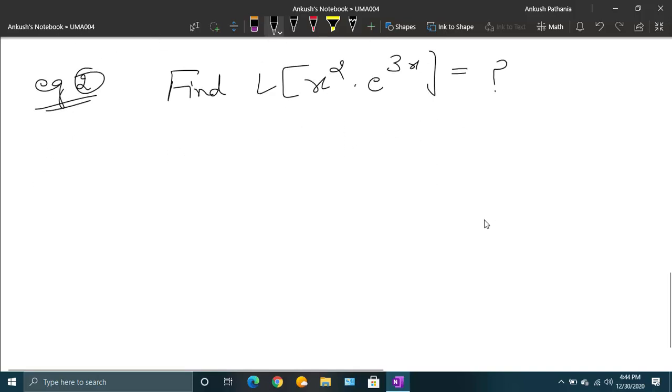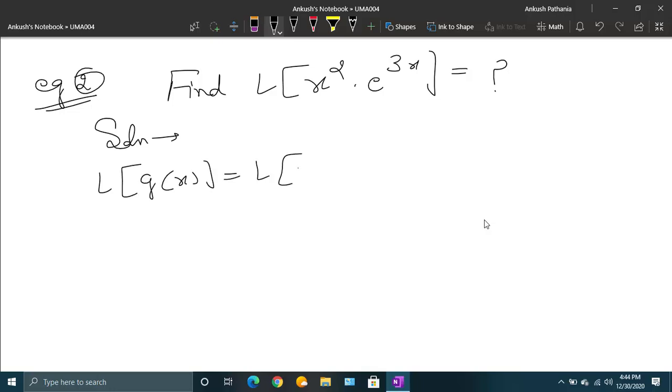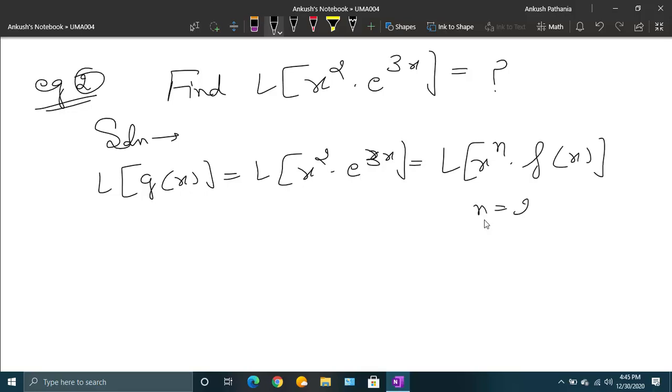I am doing this question straightforwardly. Here again, for your convenience, it is of the form x^n·f(x), where n is 2 and f(x) is e raised to power 3x. This is the form of property 2, x^n·f(x).